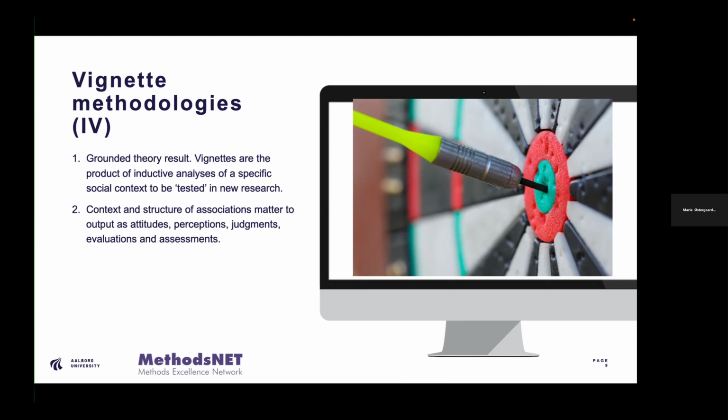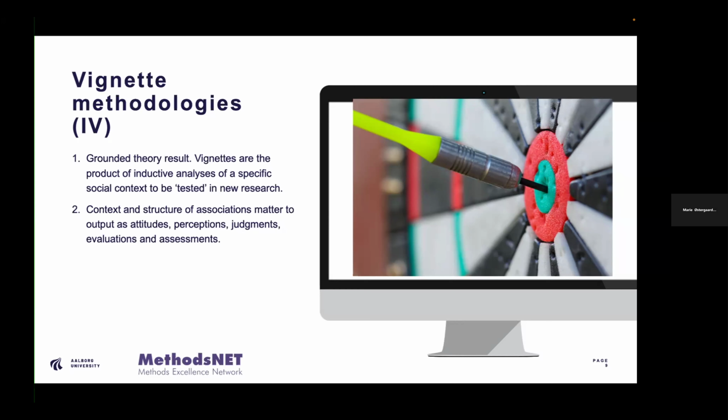So here what we can say is that in this case, we will see vignettes as the end product of inductive analysis of a specific social context, which maybe you will, or maybe you won't, but you can at least see it as something you want to use as a tool in a new research.